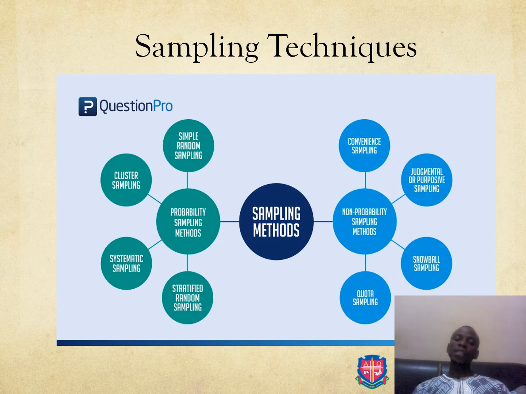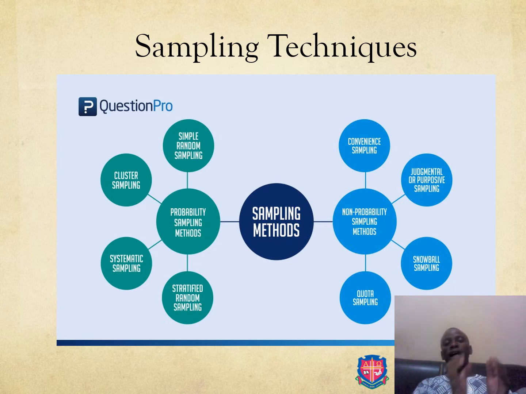At times in our population, we have groupings, and each of those groups has elements which have something in common. So it's always good to have each group represented in our sample. Under such circumstances, we can use stratified random sampling.